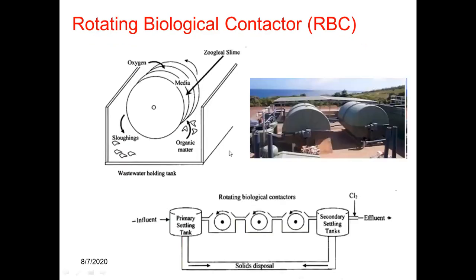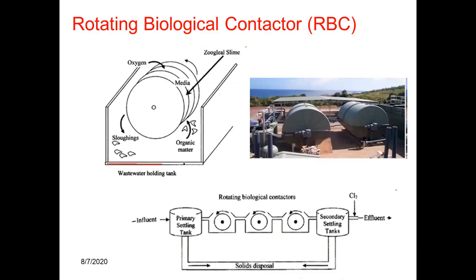Let's see. So this is the rotating biological contactor here. The microorganisms grow on the surface of the drum. Okay, then what happened? The drum is slowly rotated, periodically submerging the microorganisms. So here, look at this: this is the wastewater holding tank.